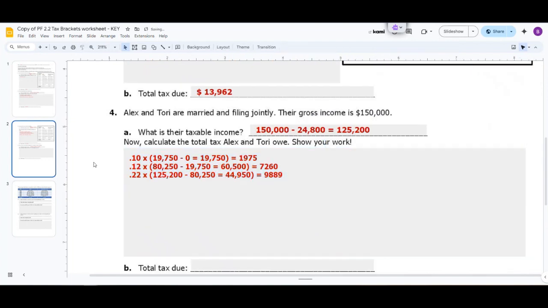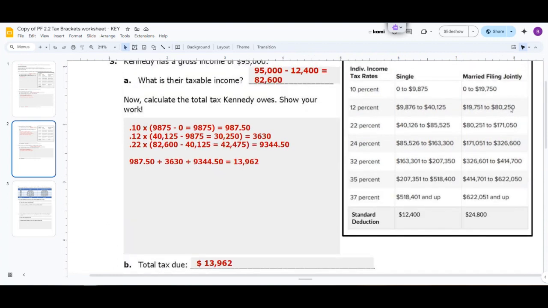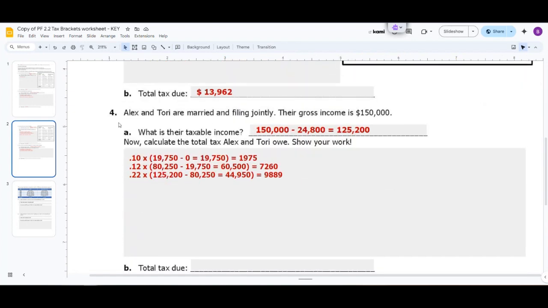All right, mathematically, they fill up that first bracket, 19,750 times 10% is 1975. They fill up that second bracket. We can look up here. It maxes out at 80,250. All right, but it starts at 19,751. So we need to subtract out the 19,750 that aren't in that range.